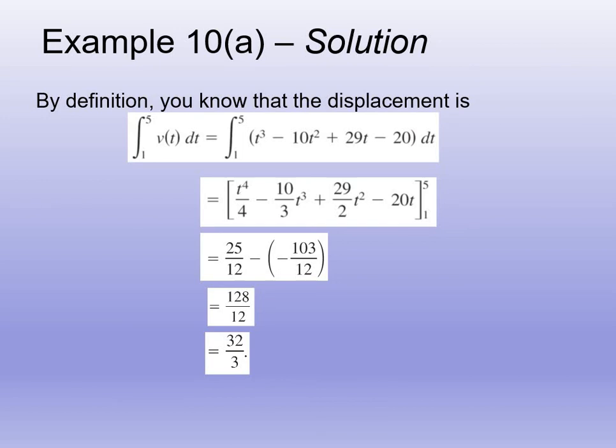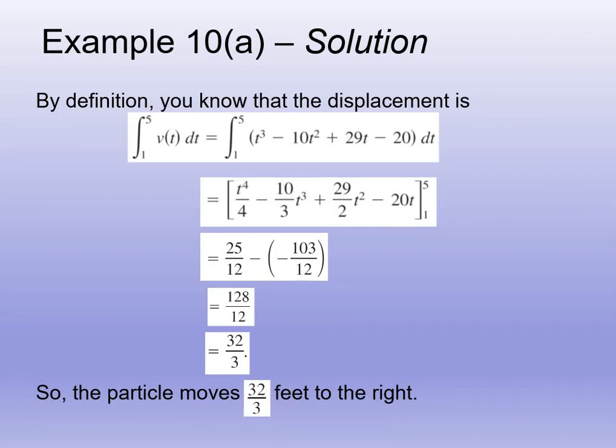That's the displacement. That's how far we are from where we started. It might go left, right, a whole bunch of times, but based on where we started, it's moved 32 over 3 feet to the right. How do we know it's to the right? Because it's positive. If we moved to the left, it would be negative.